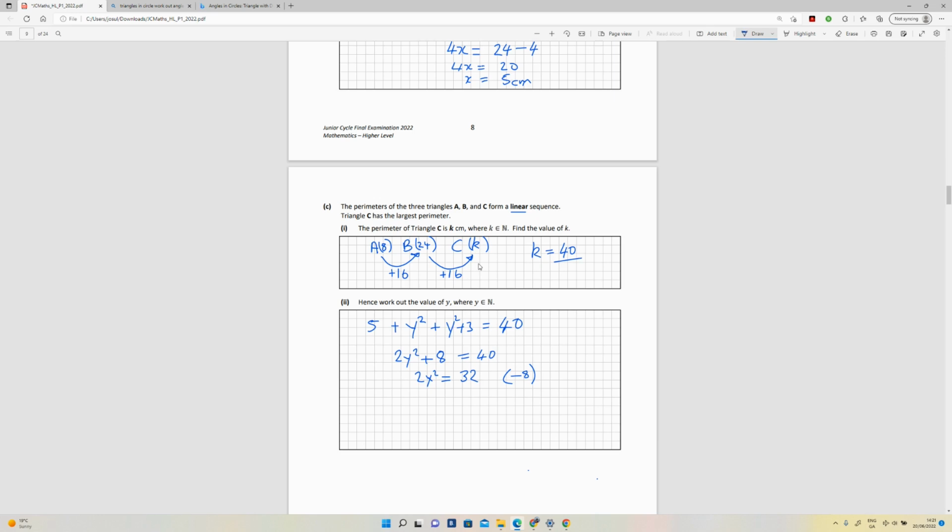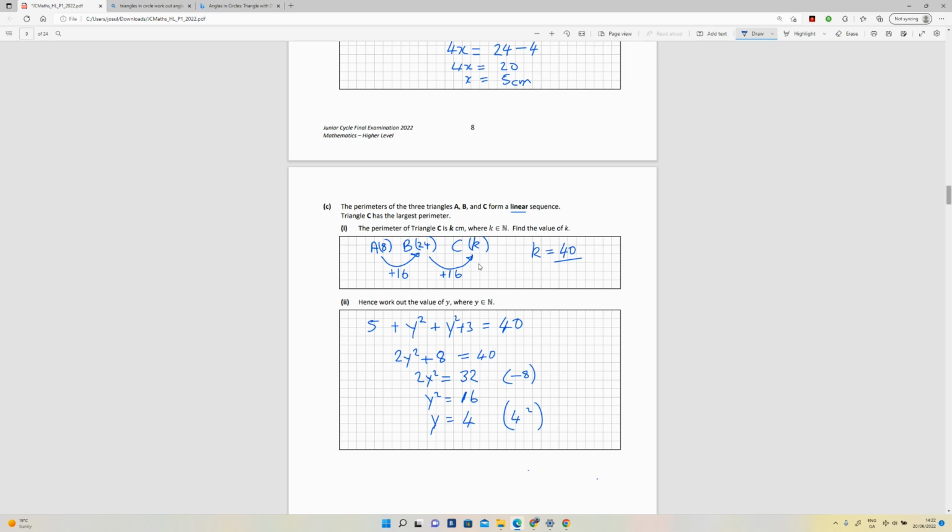Next thing we'll do is divide both sides by 2, so I'm going to get y squared is equal to 16. And of course, squaring a number to get 16 means y is going to be 4. 4 fours is 16. Right, so y is equal to 4.